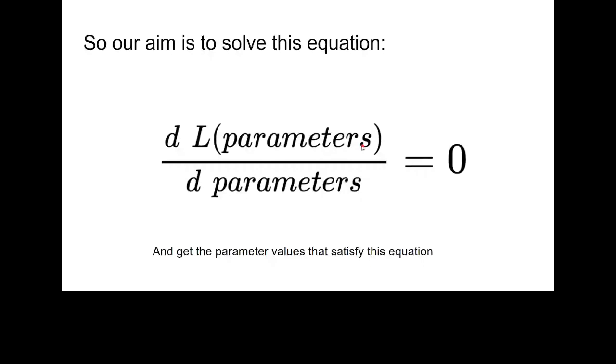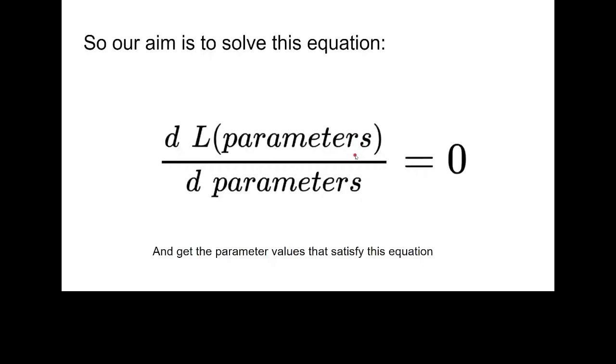We give that expected output to the loss function along with the output given by the neural network, and the loss function calculates some loss. In this whole process, the tunable part is the parameters, the weights and the biases of the neural network.